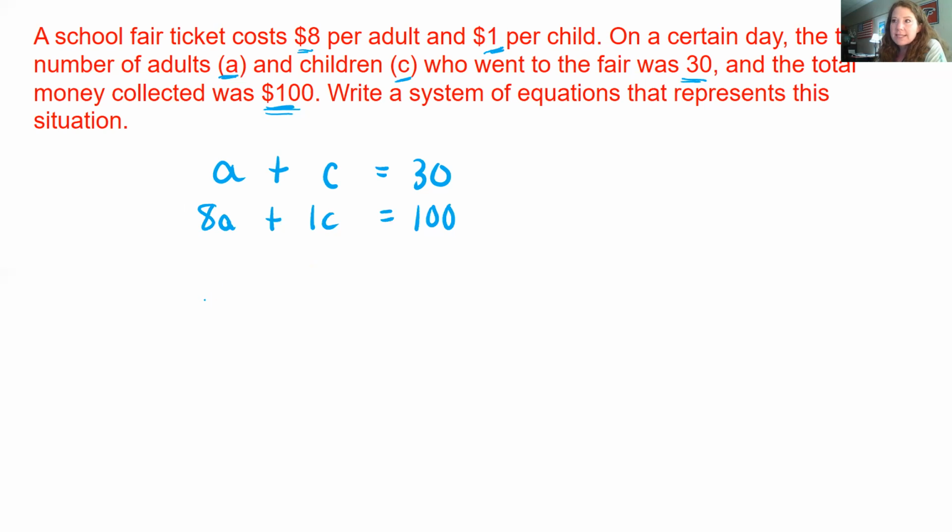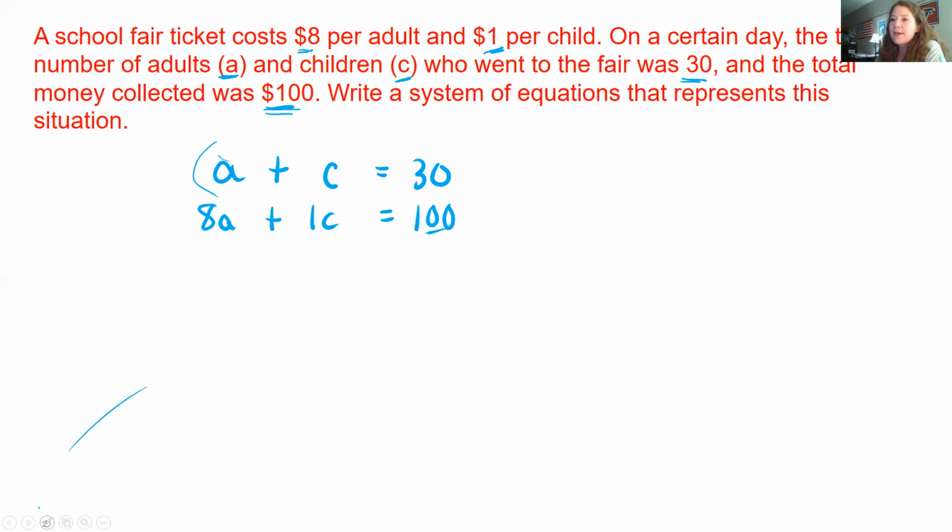So there's different ways I could solve this. If I had a graph, I could graph it, which might be hard if I'm trying to graph a 100. But the other way I could do it is elimination. I could solve the top equation for either A or C and plug it into the other equation. Or I could choose elimination. So since we've been practicing elimination, that's what I'm going to do.